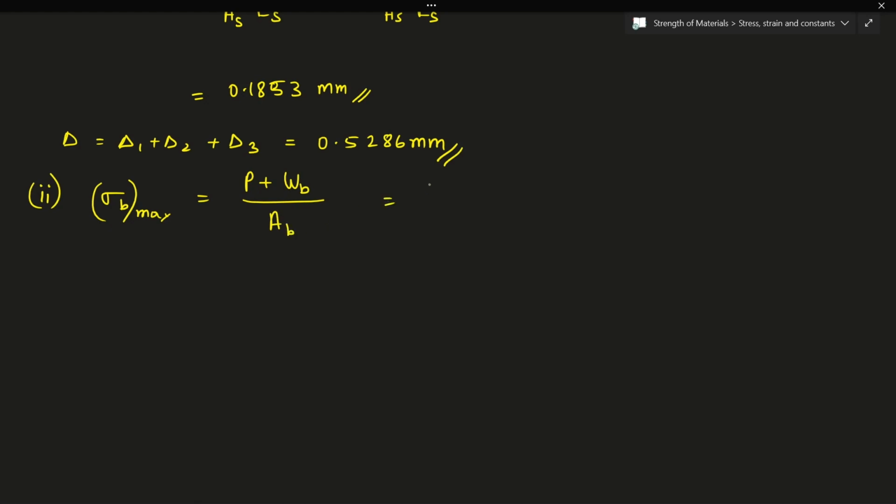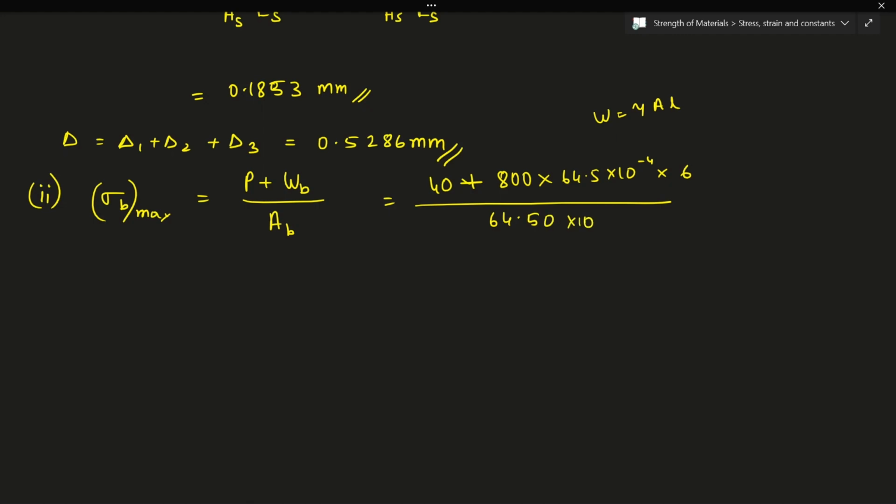So that is P, which is 40 kN, plus 800 into 64.5 into 10 to the power of minus 4. Remember, W is equal to gamma A into L, where the length is 6, whole divided by 64.50 into 10 to the power of minus 4.